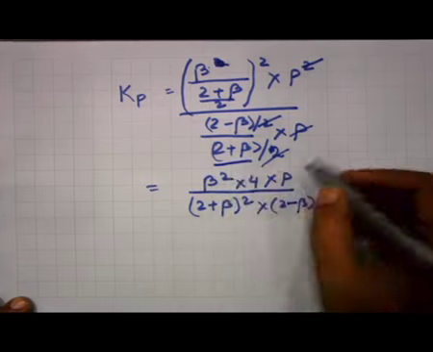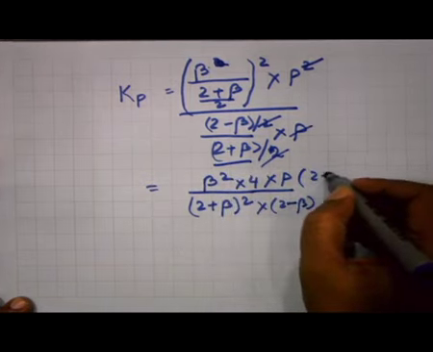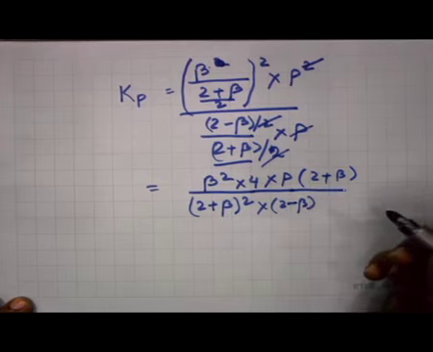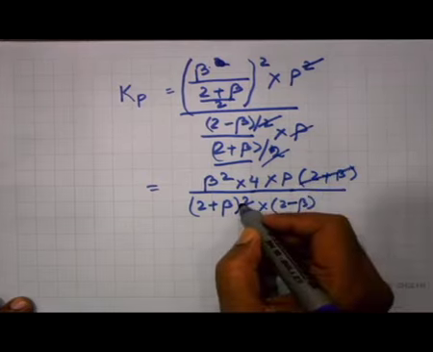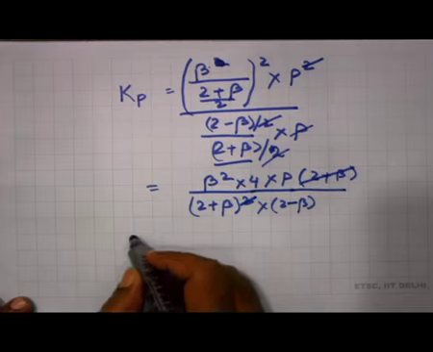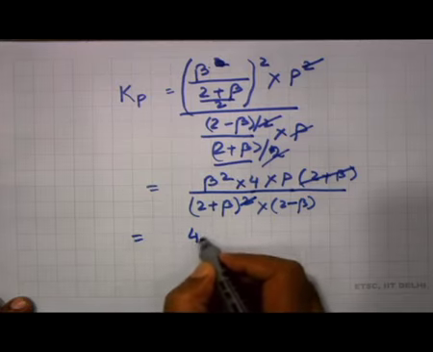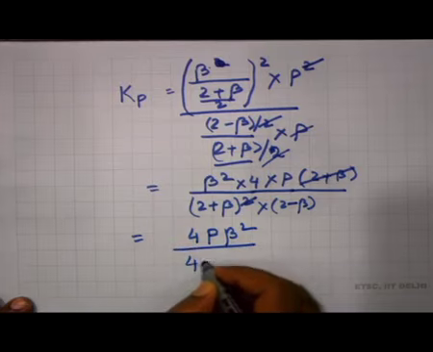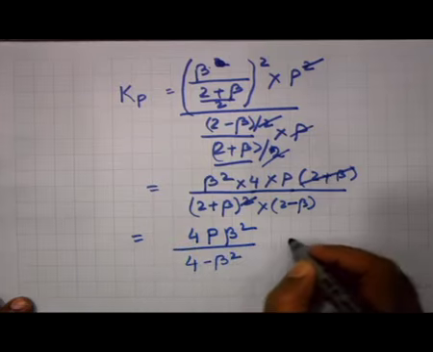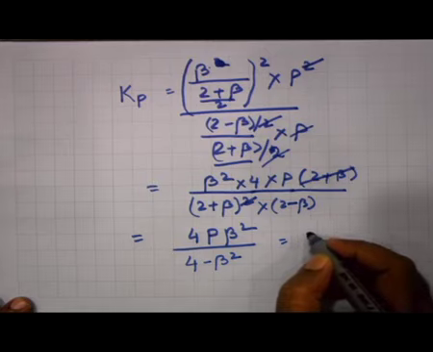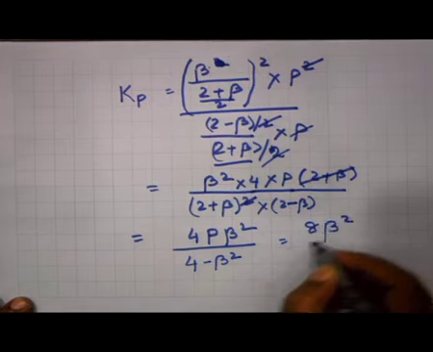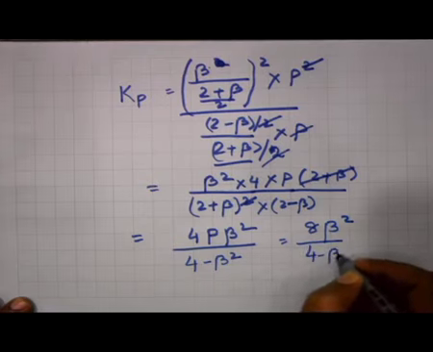This 2 plus beta goes up, and this square term cancels out. So, what you are left with is 4P beta squared by 4 minus beta squared, and since P is equal to 2 atmosphere, you can simply write 8 beta squared by 4 minus beta squared.